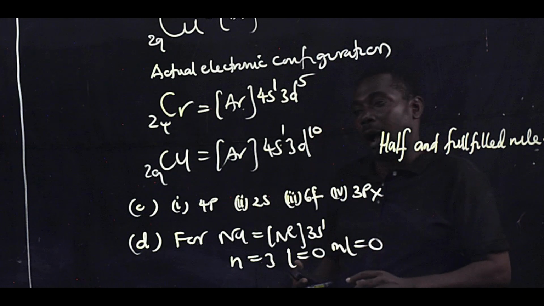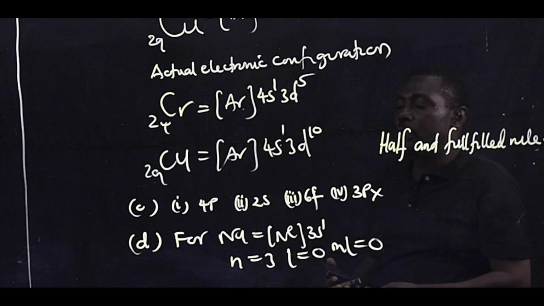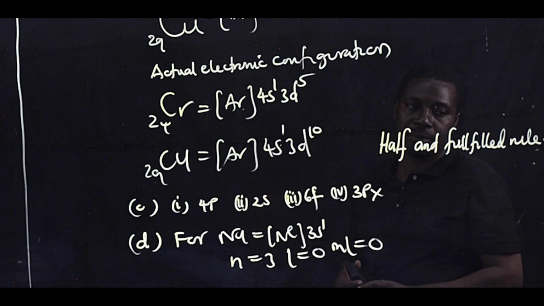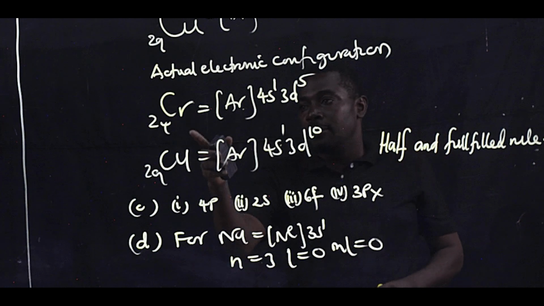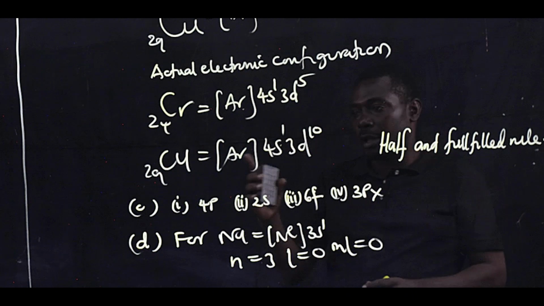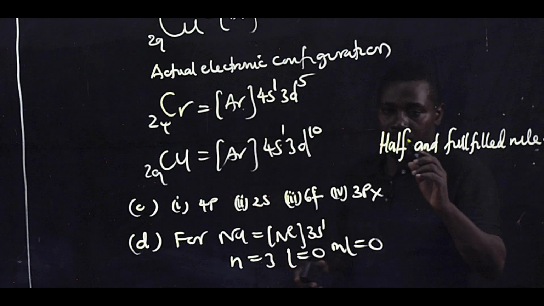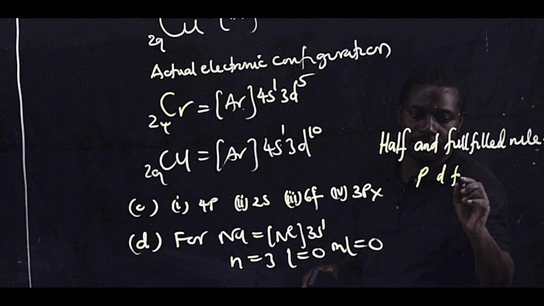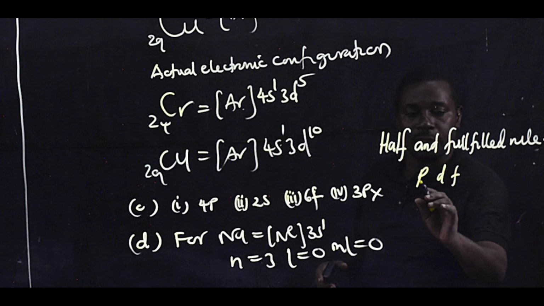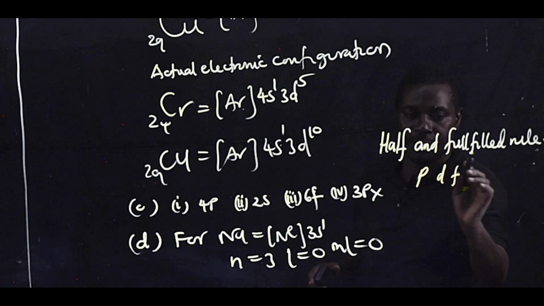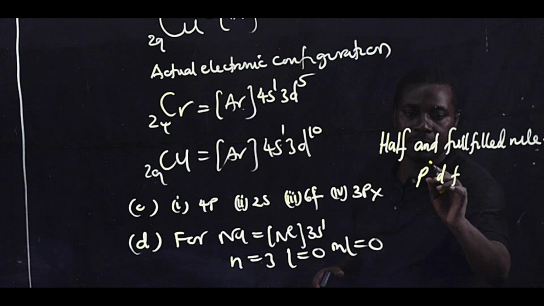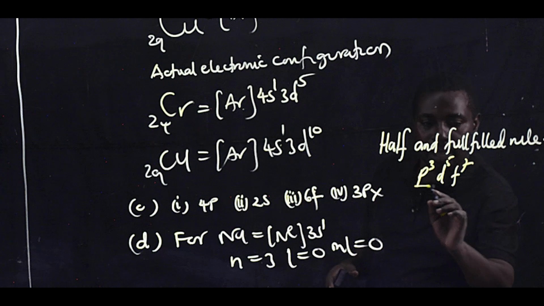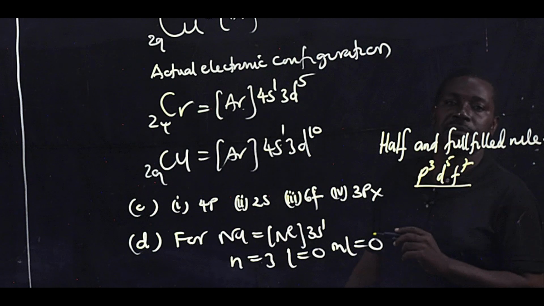This principle accounts for the unusual electron configuration of chromium and copper. It was discovered that for p, d, and f, if these orbitals are half-filled, for p 3, for d 5, and for f 7, they are stable electronic configurations.